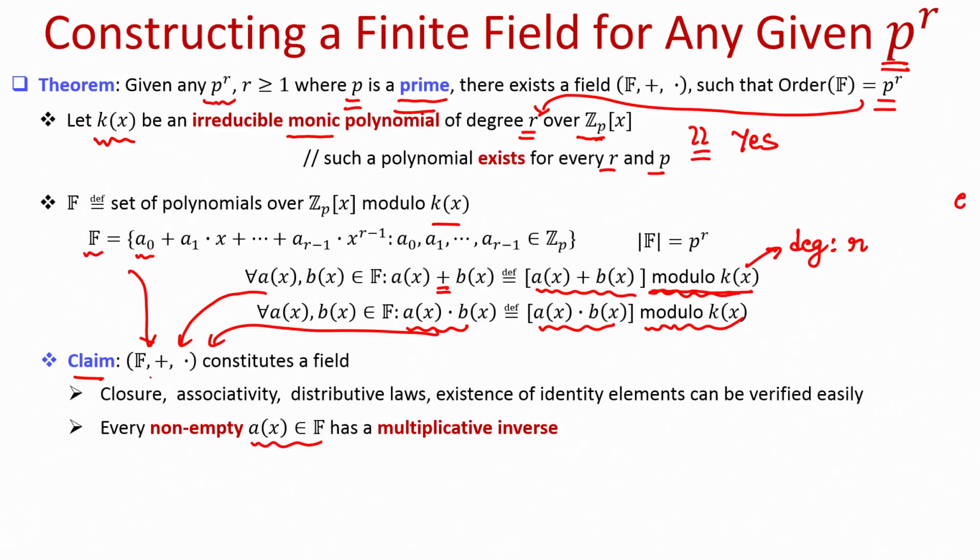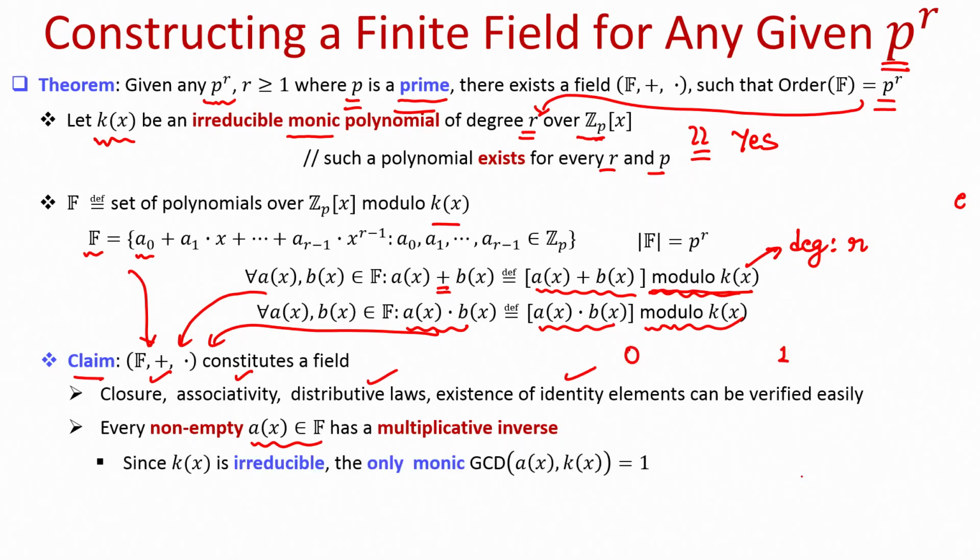Otherwise, the remaining properties are easy to verify: the closure, associative, distributive law, existence of identity elements and so on. The additive identity element will be the 0 polynomial, the multiplicative identity element will be the constant polynomial 1 and so on. Let us see the existence of multiplicative inverse.